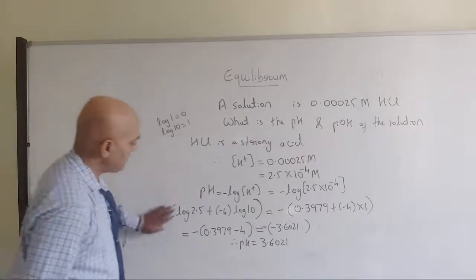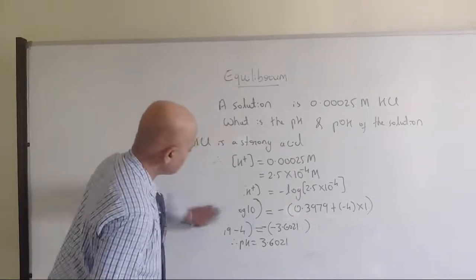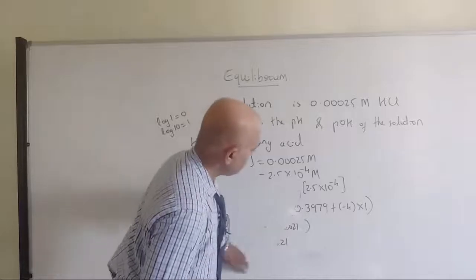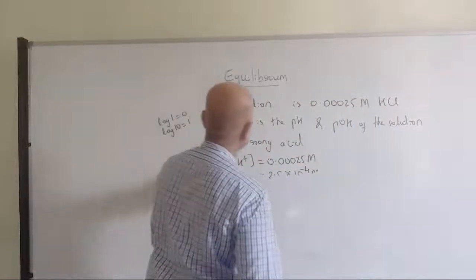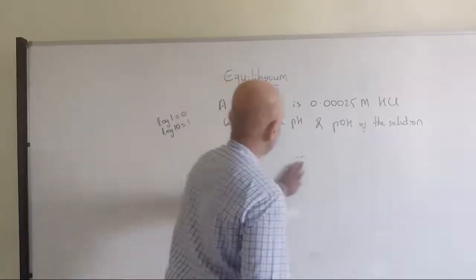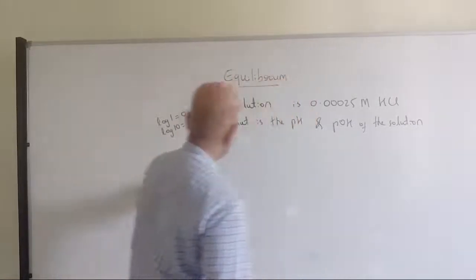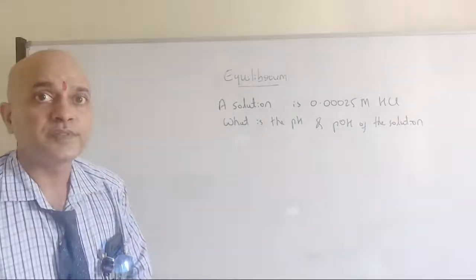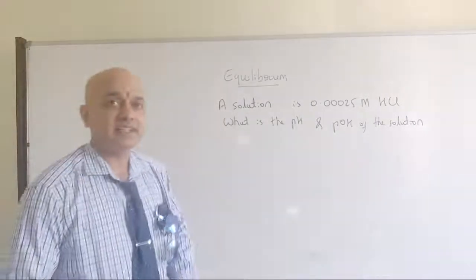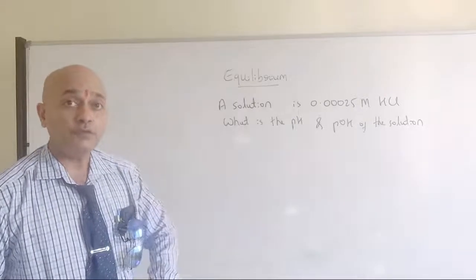So pH value we have calculated. Next we have to find out pOH. How to find the pOH value?